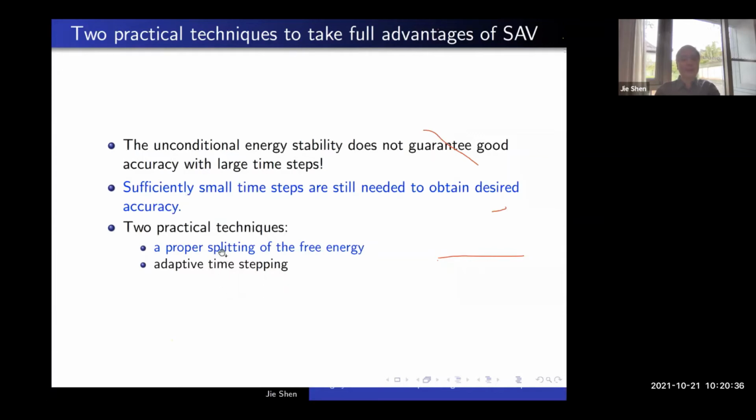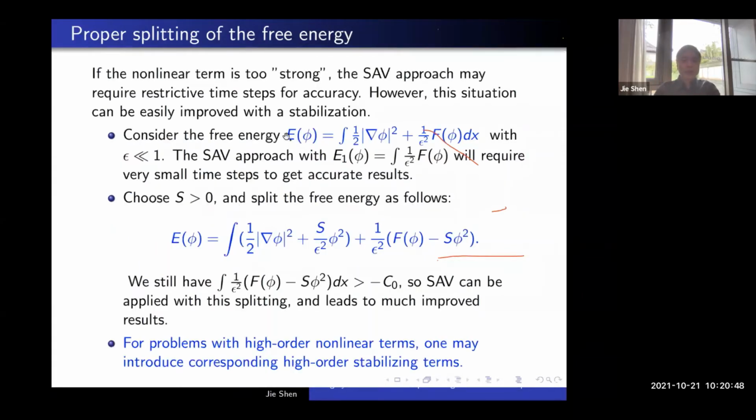It gives you the possibility to use adaptive time stepping. And another way to increase the efficiency is to split your free energy in a proper way. You remember I said we have a free energy and we're going to split it into two terms: one is a quadratic term and one is the rest. But you have different ways to do this.